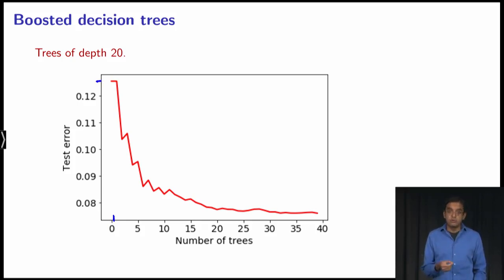As we added more trees, the test error kept going down. Initially, it really plunged, and then it tapered off to somewhere a little less than an 8% error rate. So this is working well. And for the purpose of comparison with random forest, we just picked a fixed number of trees, say 10 trees, this point over here.